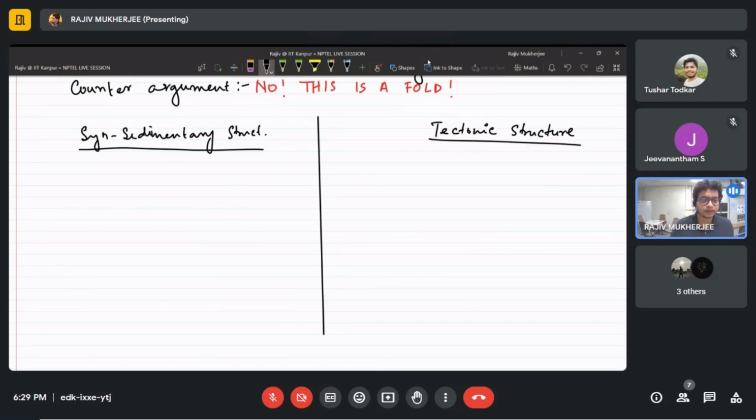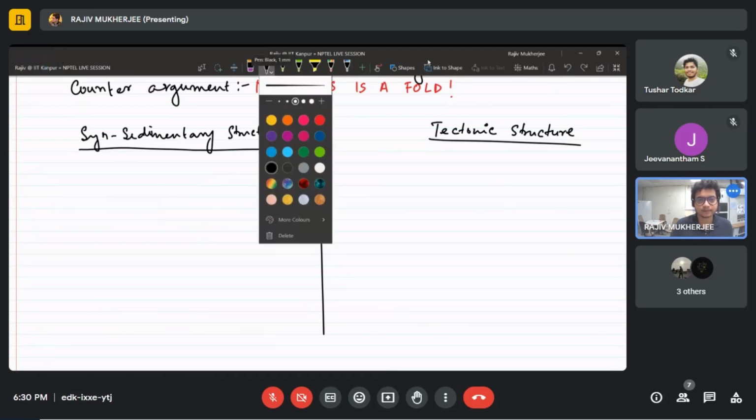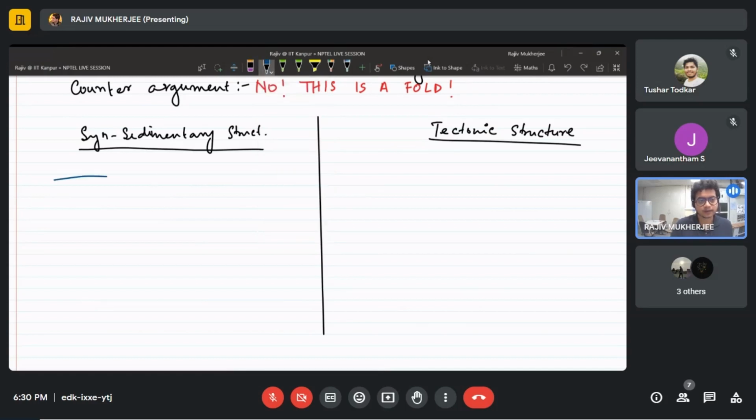Now, how do these structures form? So imagine this is a water layer, not with black. Of course, water is not black. So consider this as a water layer.